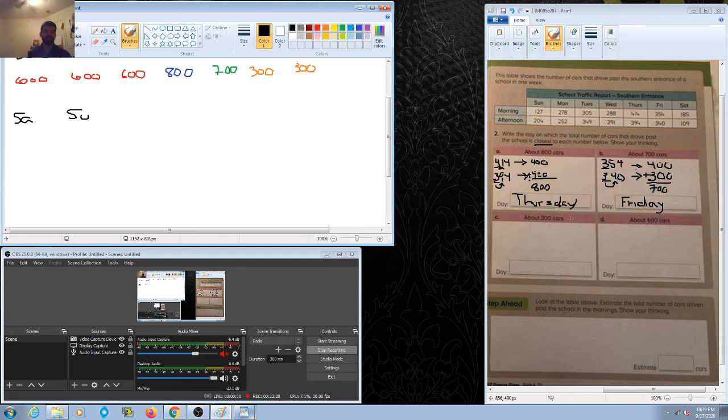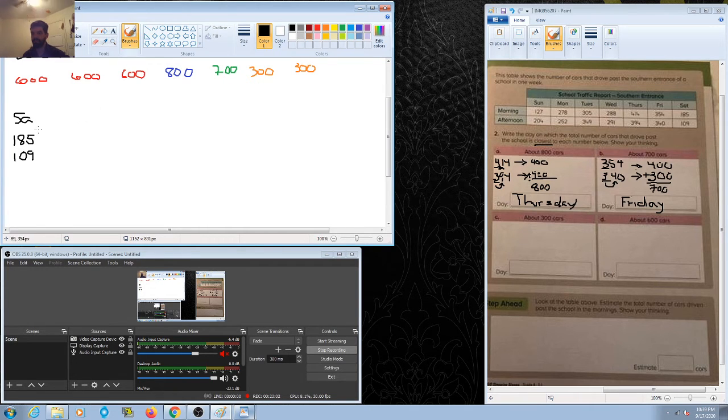That's going to allow me to find something a little more detailed, closer or farther away depending on the day, to find my answer that is closest to 300. So for Saturday, we have 185 and we have 109. Okay, so I'm going to go ahead and erase the Sunday here for the moment.